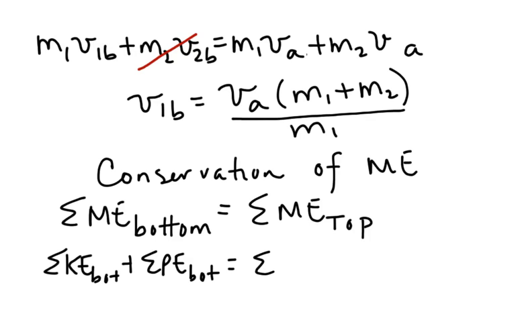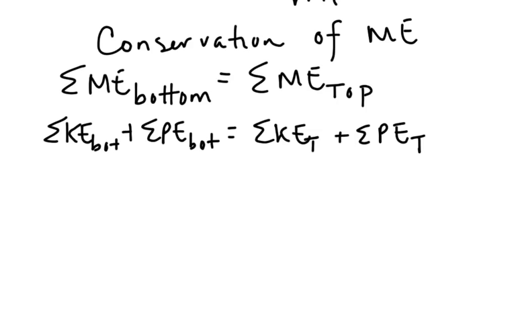We're going to set that equal to the total kinetic energies at the top plus the total potential energies at the top. At the bottom of the swing, there is only kinetic energy because we're going to make that our reference level. There's no elasticity as well, so the potential energy at the bottom is gone. At the top of the swing, the only type of energy there is gravitational potential energy, so our kinetic energy value is gone.